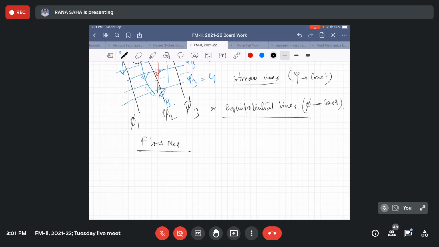This circulation and vorticity. In our introductory discussion, we had this definition of circulation and vorticity. Here again, actually, we define the circulation.